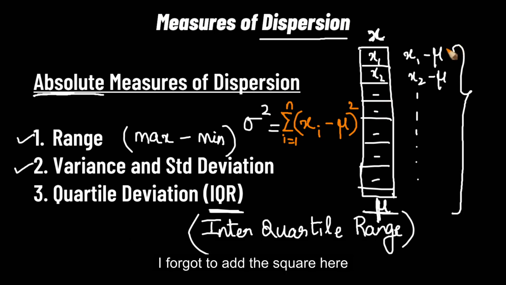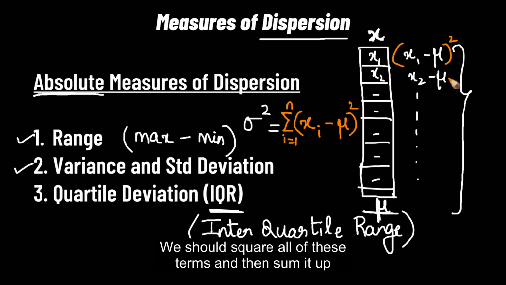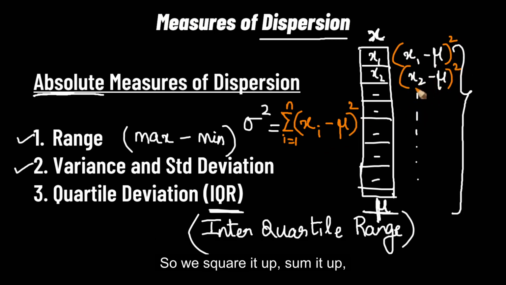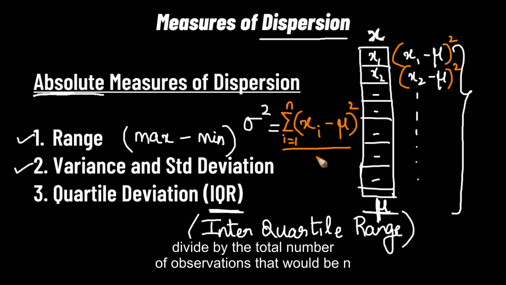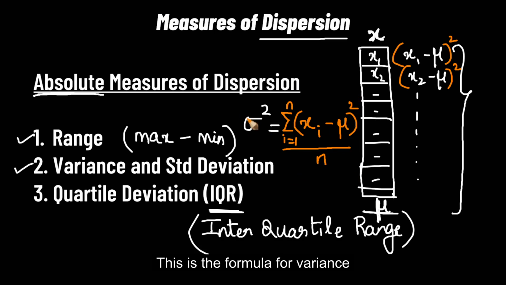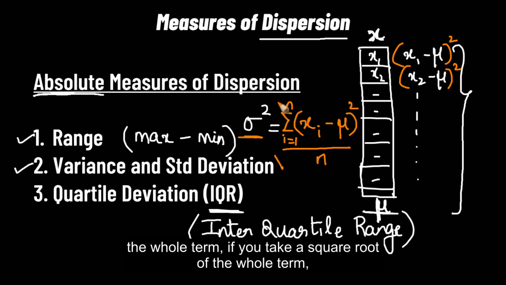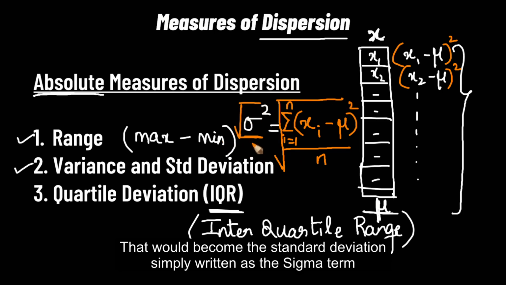I forgot to add the square here. We should square all of these terms and then sum it up, right? So we square it, sum it up, and divide by the total number of observations, that would be n. This is the formula for variance. Now, if you take the square root of the whole term, that becomes the standard deviation, simply written as the sigma term.